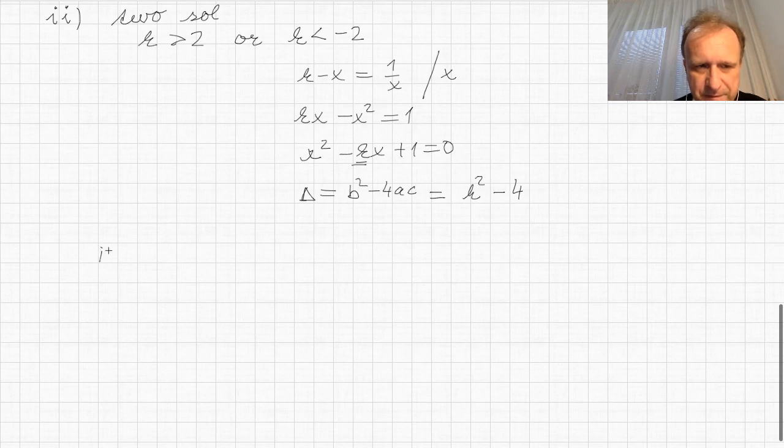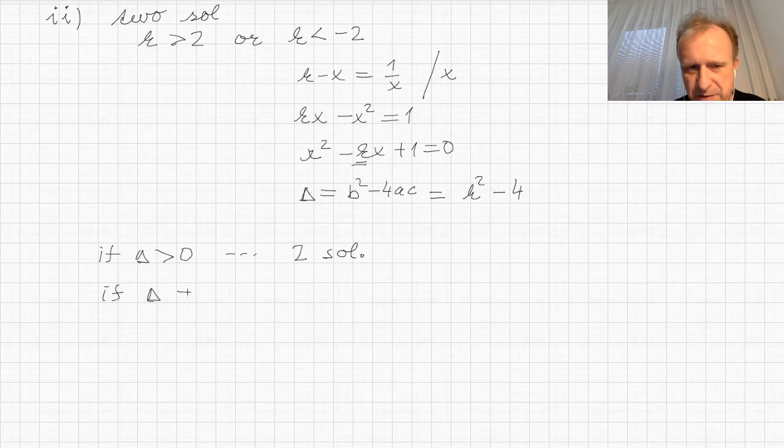And now the question is what the discriminant is. If the discriminant is positive, we may have two solutions. If the discriminant is equal to 0, there is just one solution to the equation. If the discriminant is negative, we may have no solutions at all.